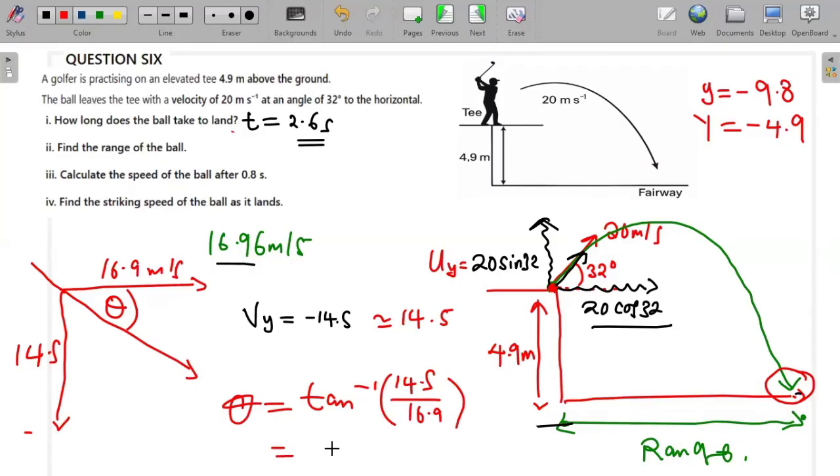So I'm just going to punch this now on the calculator. The tan inverse of 14.5 divided by 16.9. So the angle there will be 40.6 degrees. So in case they ask you for the angle, that's how we can find it there.